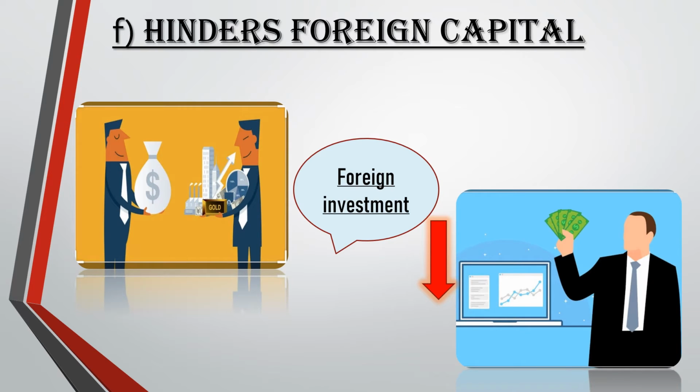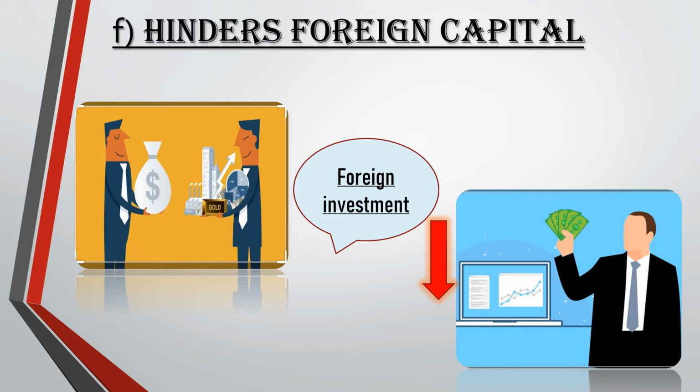That is, hinders foreign capital. Inflation hinders the inflow of foreign capital because the rising cost of material and other inputs makes foreign investment less profitable. If in any economy there is an increase in the cost of production, then what would attract foreign investors to invest in your country?